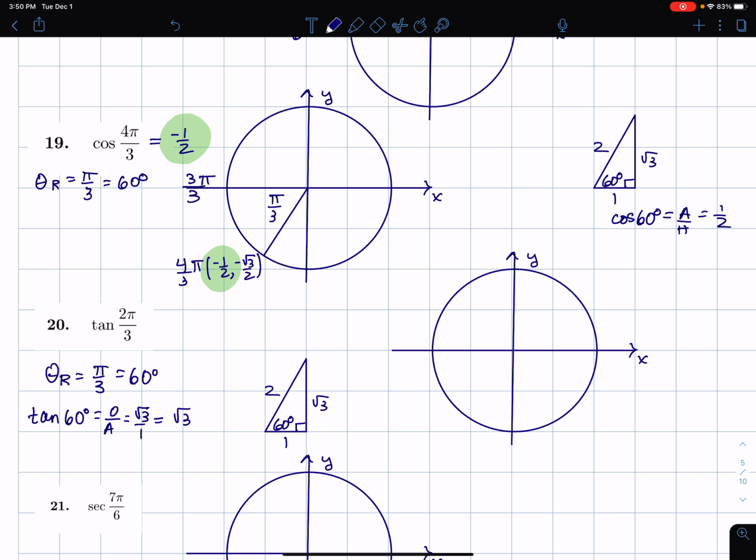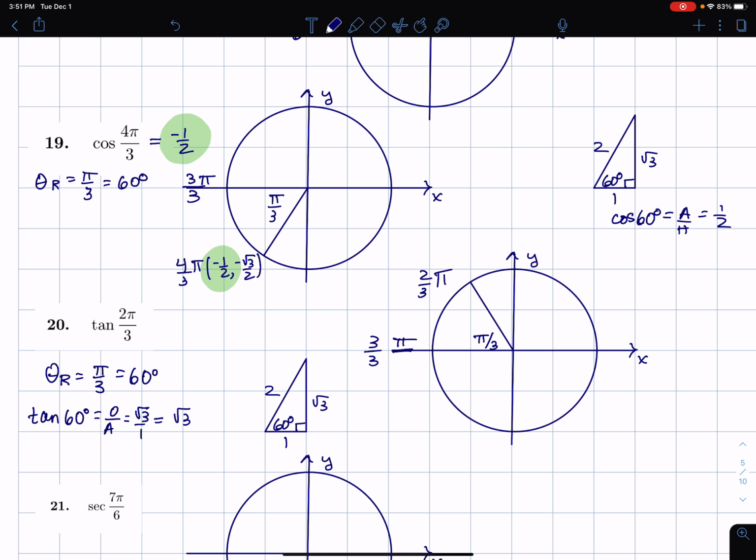Okay, but I still need to determine which quadrant this angle lies in. If I have π as 3/3 π, so I write it with the denominator 3 because I'm doing 2/3 π, I'm going to back up by a third. I back up by the reference angle, which is π over 3 or 60 degrees. And I get 2/3 π.